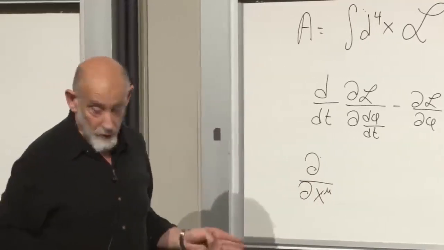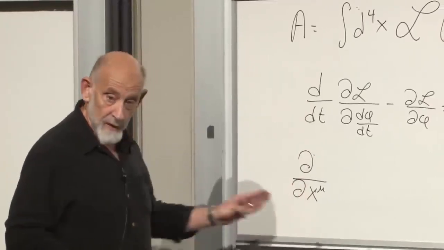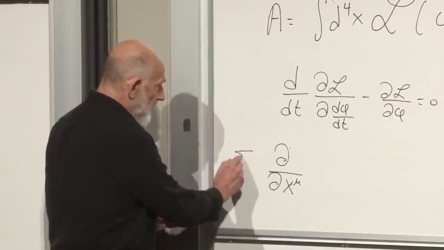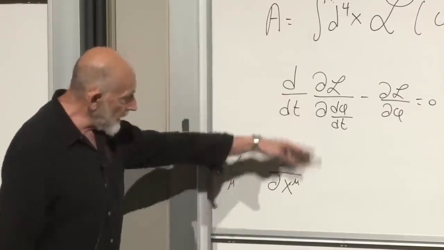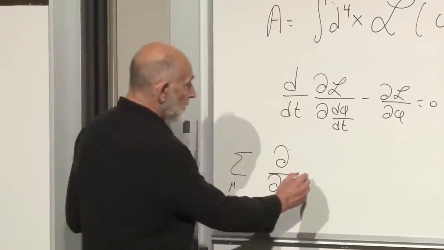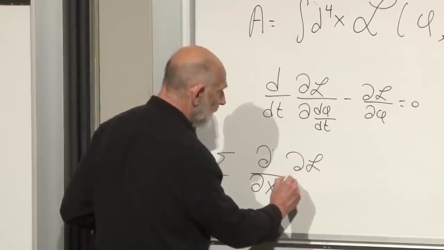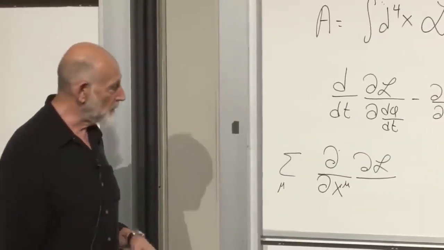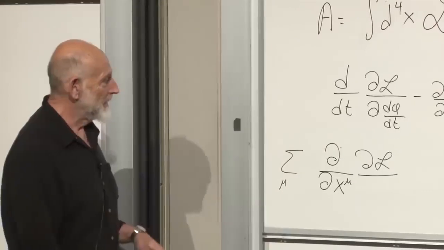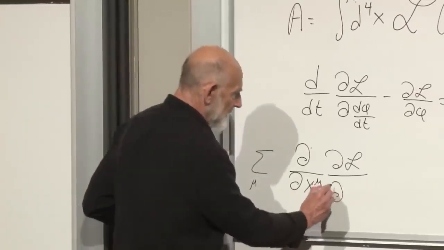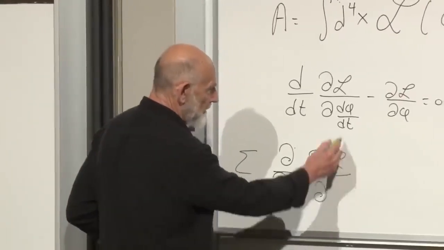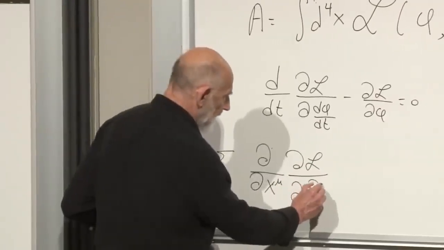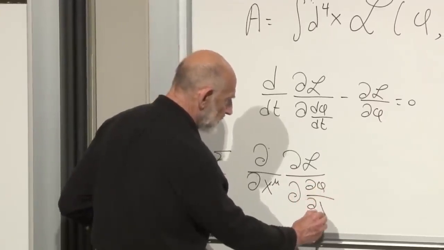Now, one of the terms will correspond to t. X mu runs from t, x, y, and z, a sum over mu, one for each direction of space-time. The derivative of the Lagrangian with respect to what? What would you guess? One possibility is that it's just d phi by dt. No, that's right. It's the derivative of phi with respect to x mu.